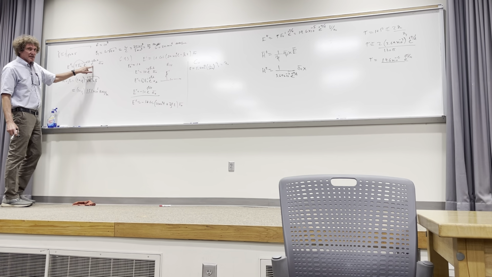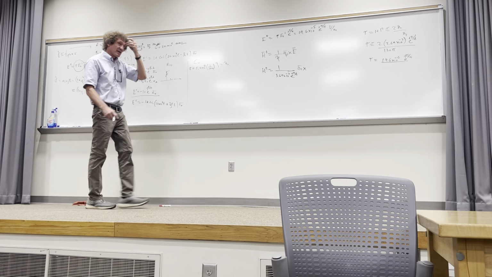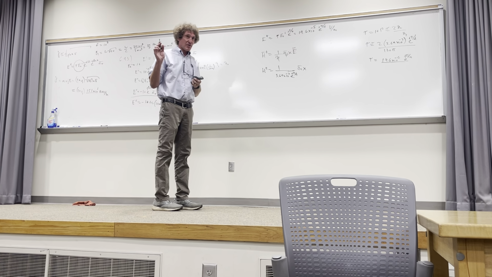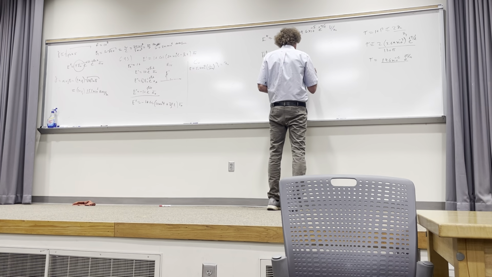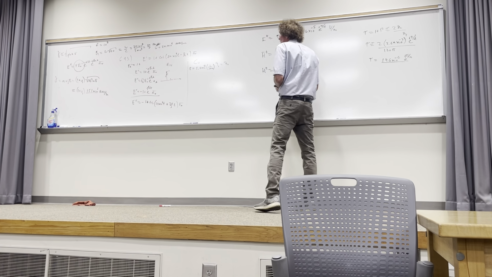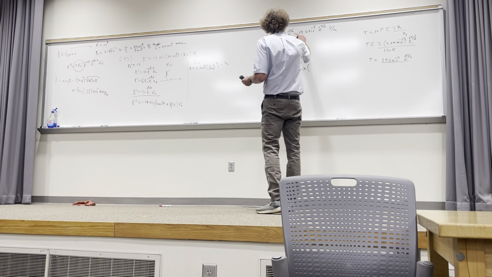Then it's times this stuff, and I'm going to leave it. Are you with me on this one? Okay, so what is that transmit field? It's transmission coefficient times this, and that's this right here.